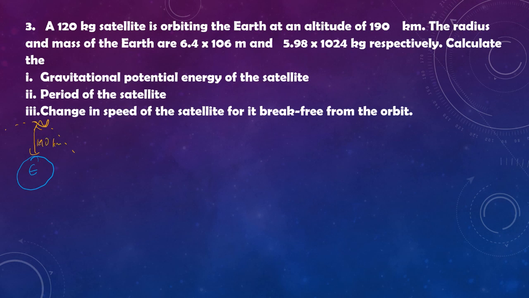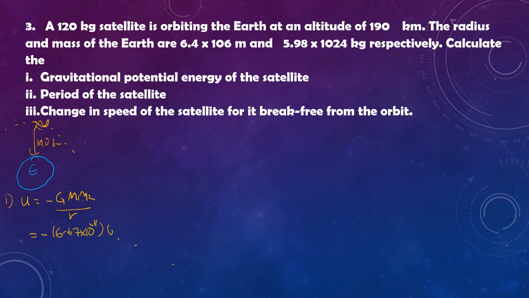So how do we calculate the gravitational potential energy here? We came up with our formula. U is equal to, don't forget your negative, negative G M1 M2 over r. Just substitute the value for the gravitational constant. Don't forget the negative, which means the potential is zero at infinity, away from the Earth. G is 6.67 times 10 to the power negative 11.